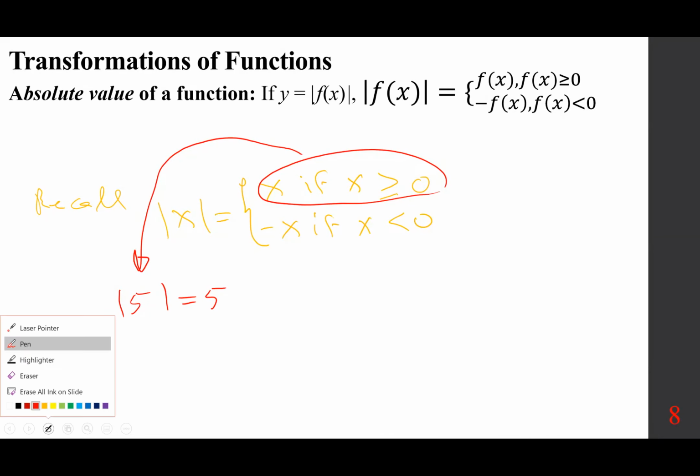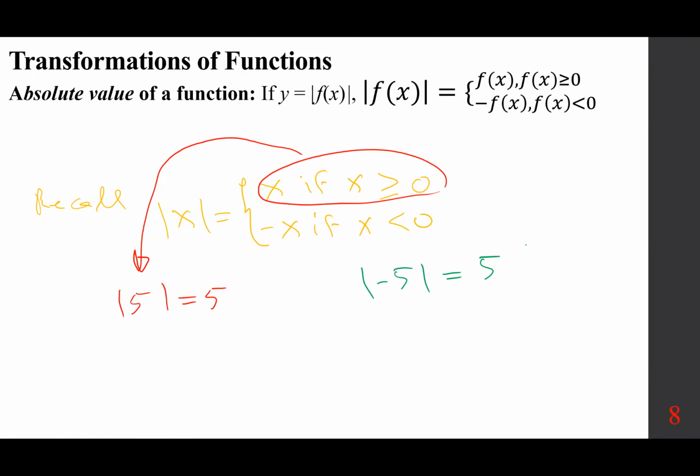You can drop the absolute value and write it. On the other hand, what about the absolute value of minus 5? We know it's 5, but the meaning of it comes from the second part. This means write the opposite of whatever you see here, which of course makes it positive 5.